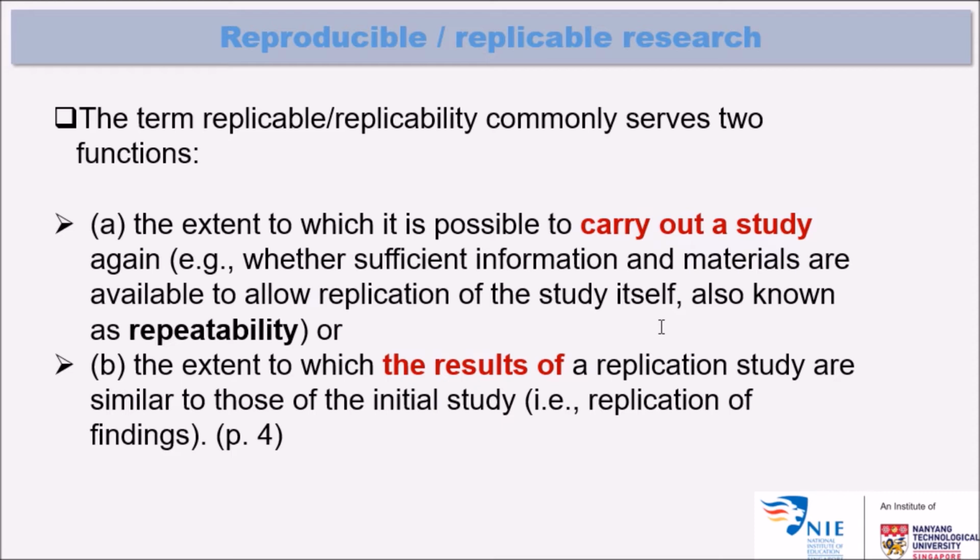The second meaning or function of reproducibility has to do with the results of a replication, and it refers to the extent to which the results of a replication study are similar to those of the initial study. It is also known as the replication of findings.